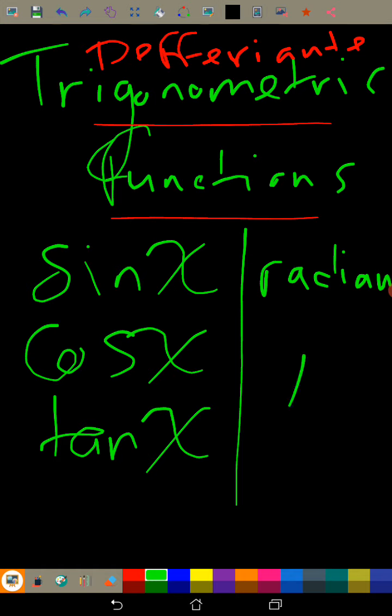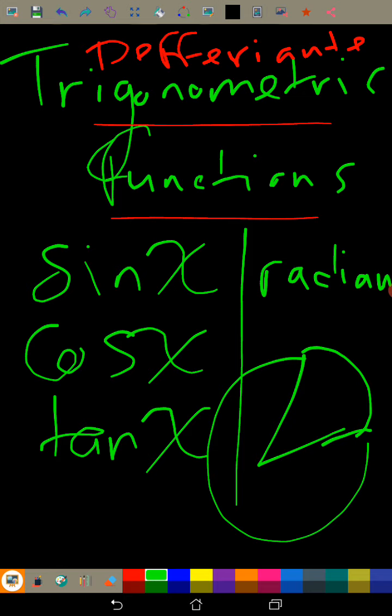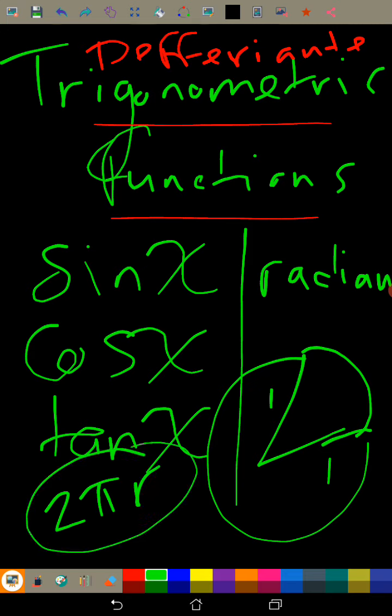And what's a radian? If we have a circle and the radius is 1, we know that the circumference is 2 pi r for a circle, and if r is 1, so we have 2 pi.